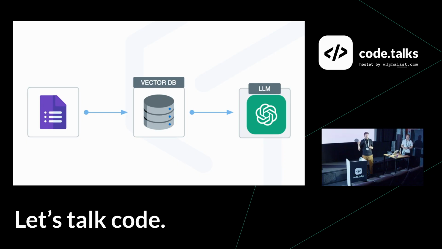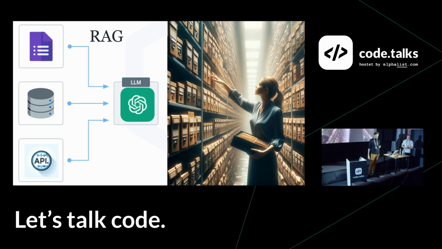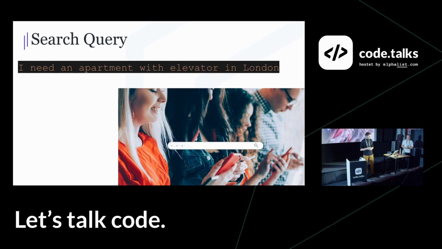So that's the very basic approach. In reality, you don't only use vector database. In reality, you use whatever you have. You might be using documents, you might be using database, you might be using APIs, which can provide you with relevant data. But coming back to this question.